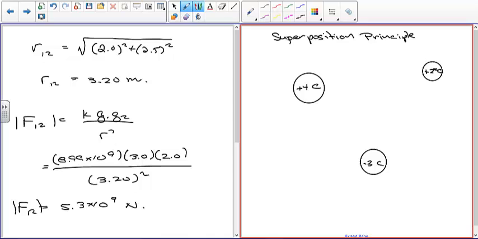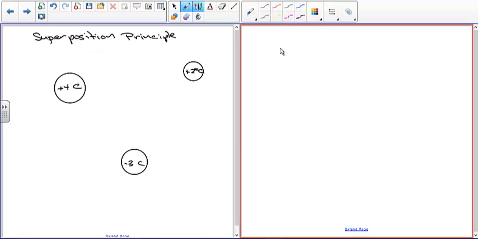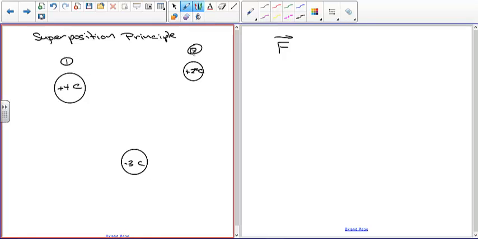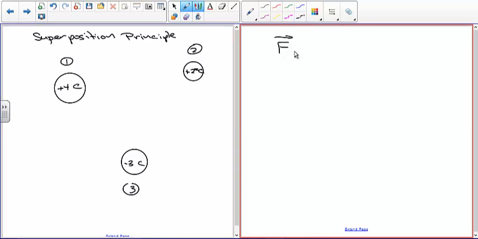If I want to know what is the force vector on, let's call this object 1, we'll call this charge 2, we'll call this charge 3. So what is the force vector on charge 1 due to 2 and 3?